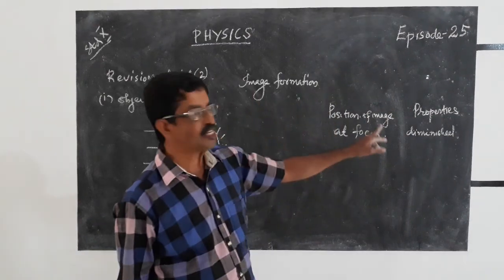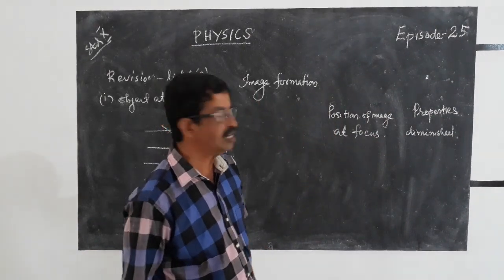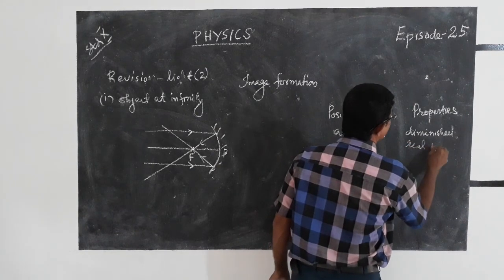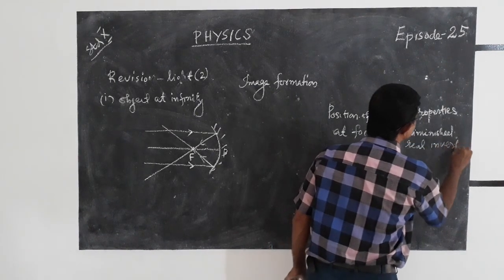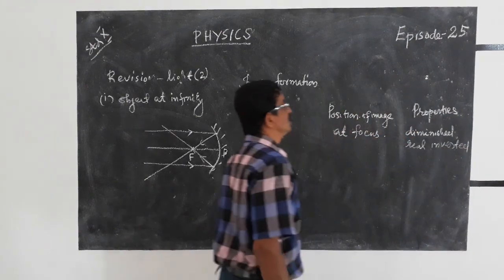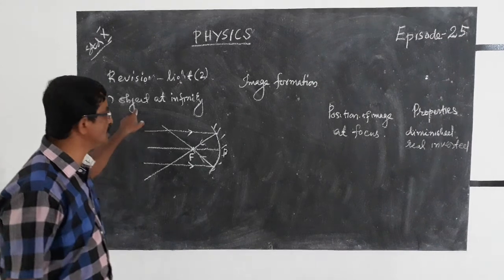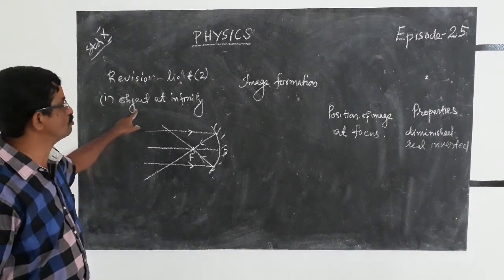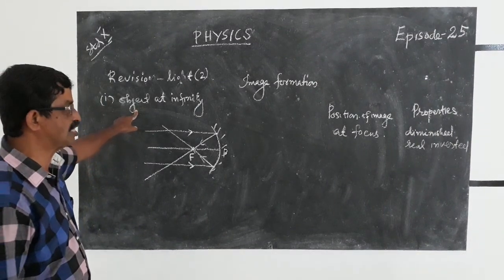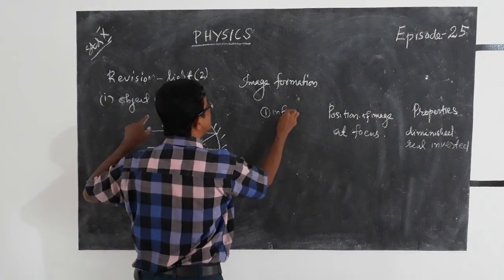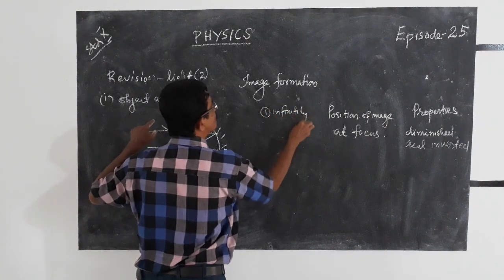The image is real and also inverted. This is the first case, when the object is at infinity.